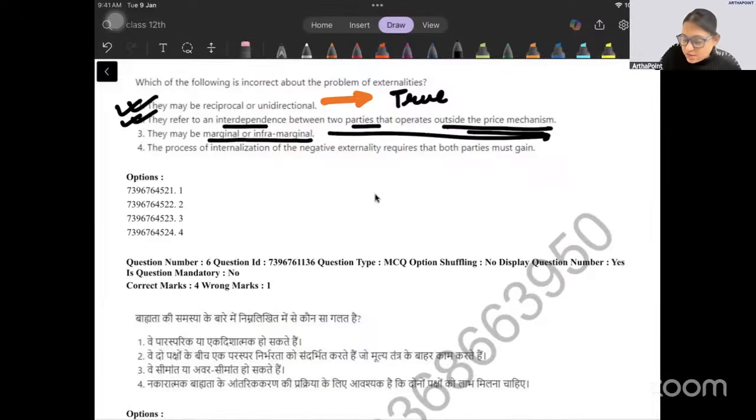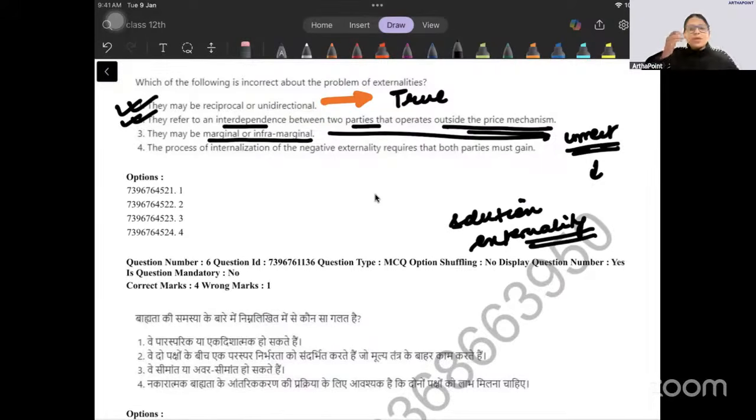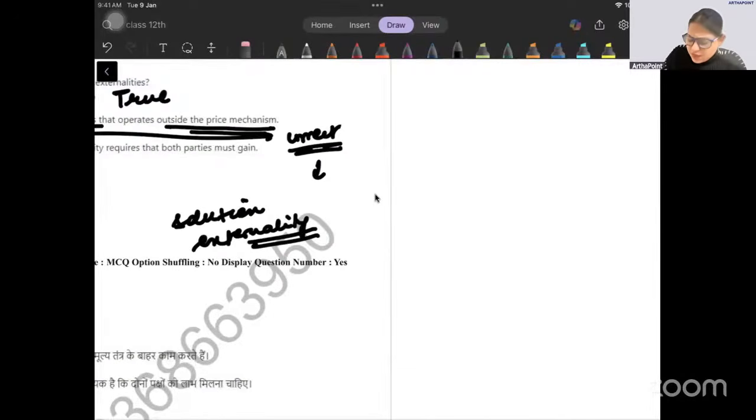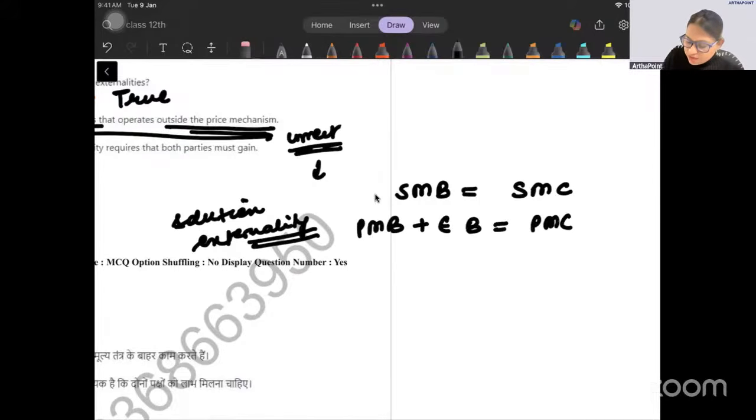So if you notice, where do we find the solution to externality? We just did in one of the recent marathons. क्या इक्विलिब्रियम कंडीशन रहता है एक्सटर्नैलिटी का? So we solve it where social marginal benefit is equal to social marginal cost, है ना? So private marginal benefit plus external benefit is equal to private marginal cost plus external cost, right?